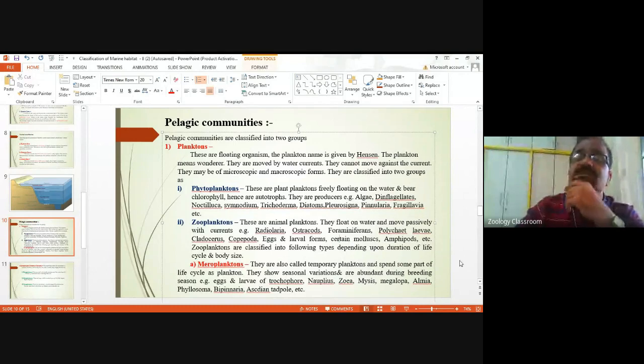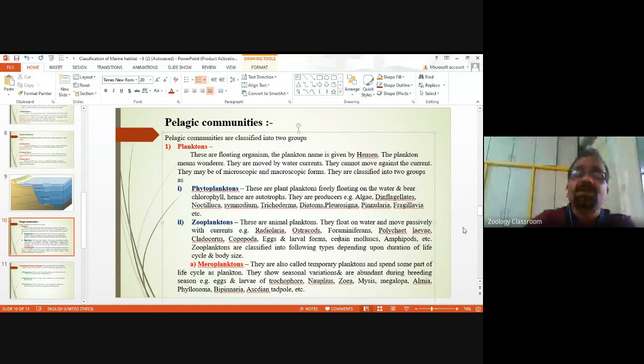And these zooplanktons are further classified into the following types, depending on the duration of the life cycle and the body size. This classification is very important because certain zooplanktons are referred to as meroplanktons.